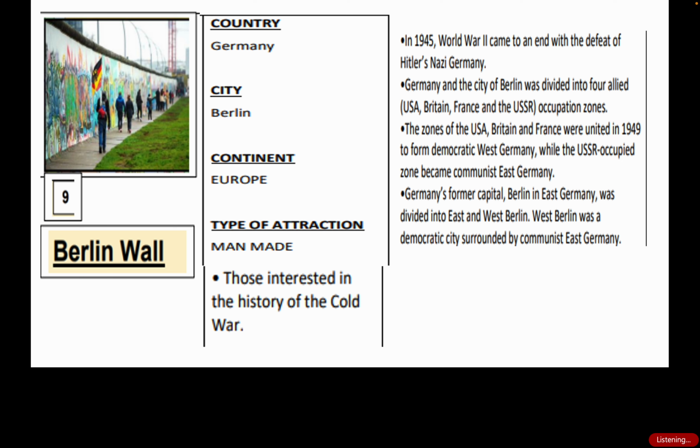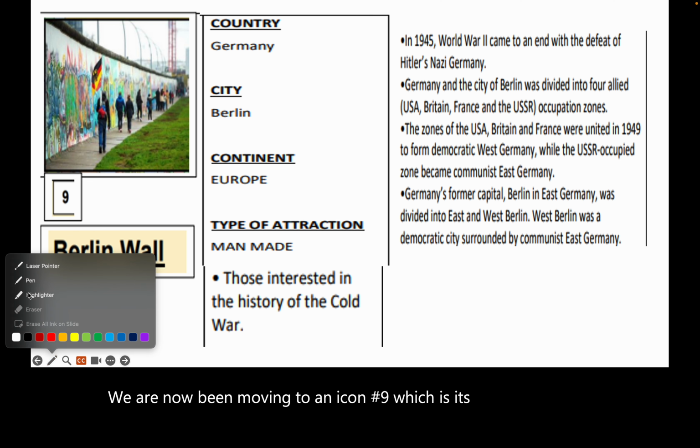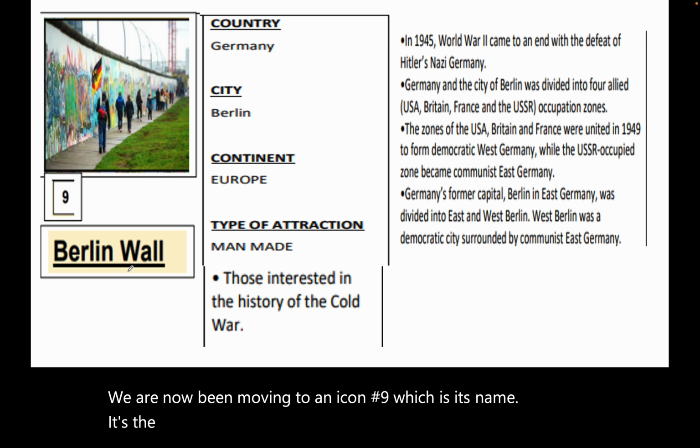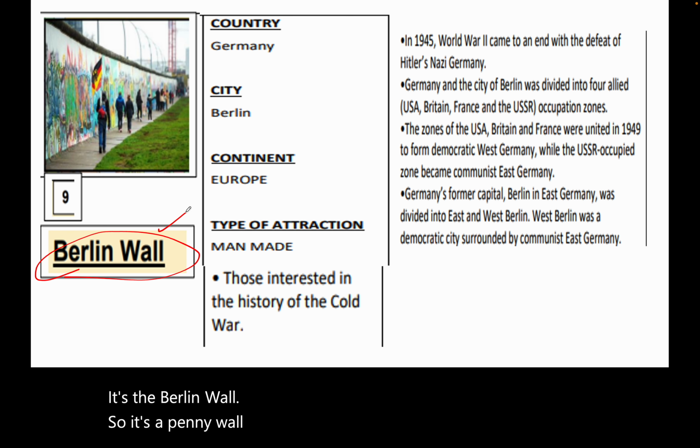We are now moving to icon number 9, which is the Berlin Wall. It's in Germany as well.